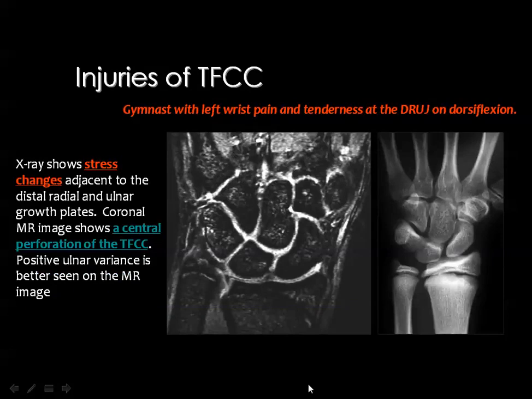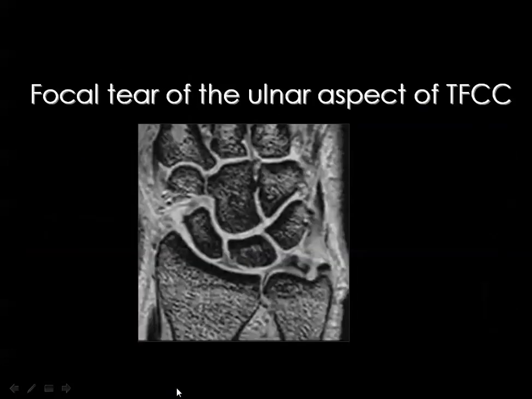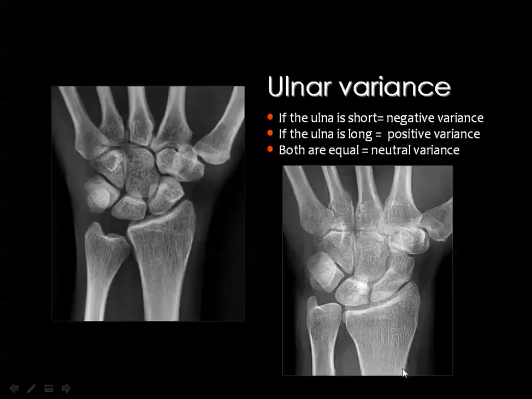Then a tear of the triangular fibrocartilage in this particular example, and you see this is the site of the tear, this is the rest of the triangular fibrocartilage, and this is the normal attachment of the triangular fibrocartilage to the radius. The defect is here. And this is also a focal tear of the ulnar aspect of the triangular fibrocartilage here. And this is the rest of the triangular fibrocartilage. This is the normal attachment of the cartilage to the radius.